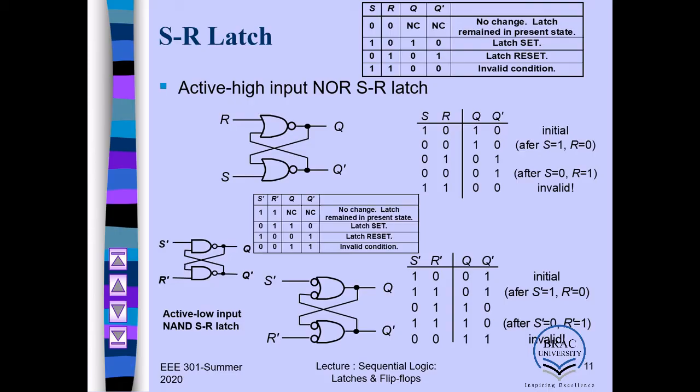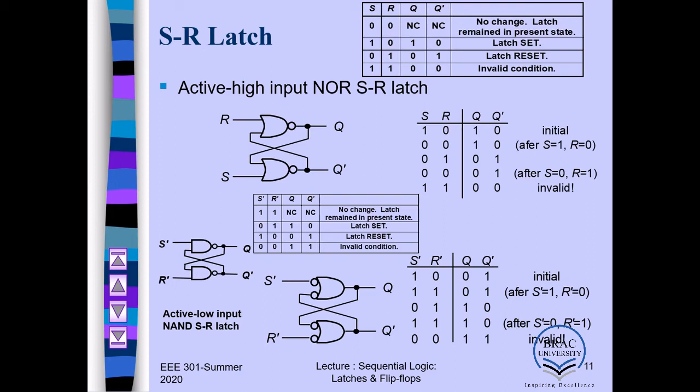If we start with S1 and R0, S1 means set high, that means our Q becomes 1, Q prime becomes 0. If you then put 0 0 in these two inputs, it remains the same, no change. Previously it was 1 0, it will be 1 0.